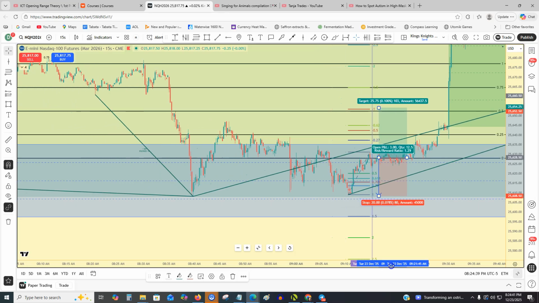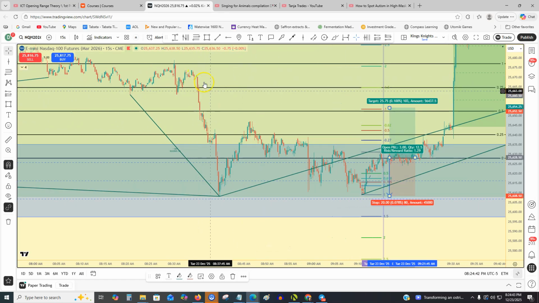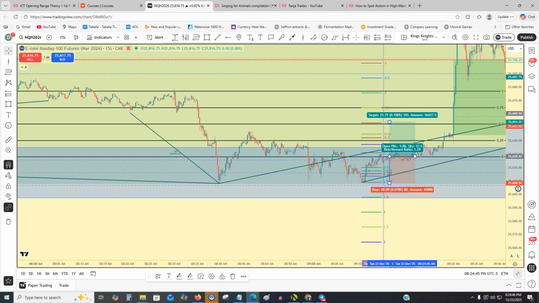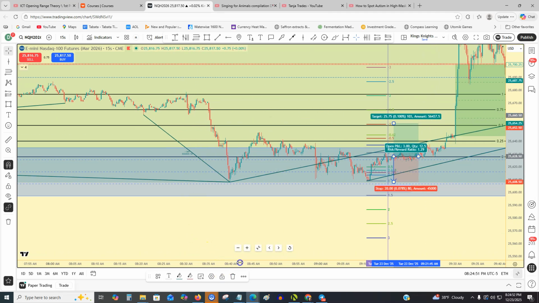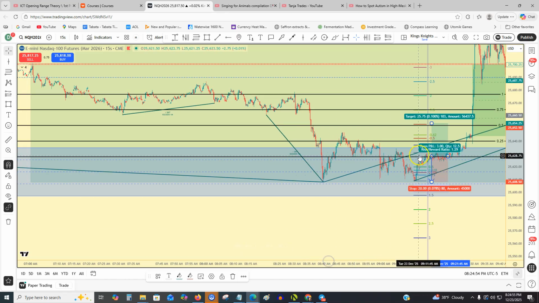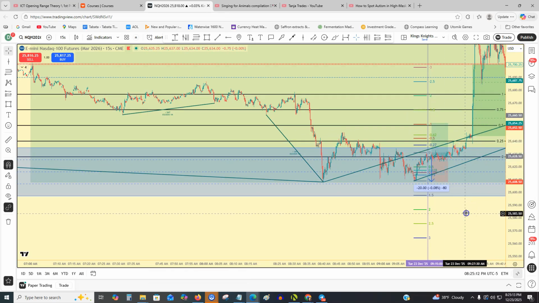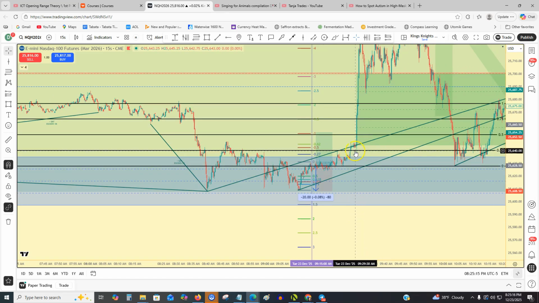And let's see, oh, we had more of this here. The other thing that I like to go for often is the 2.5 here. Now let's see what would have happened if, once it hit 1, I brought it to break even, and we can see clearly that I would have been able to go for the 2.5.